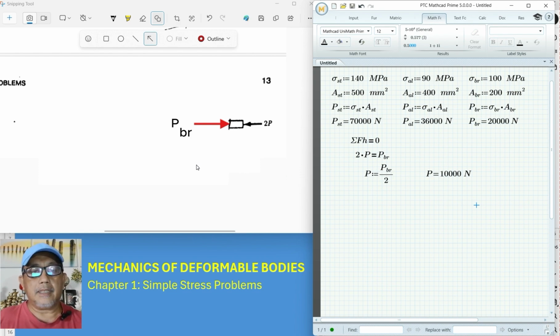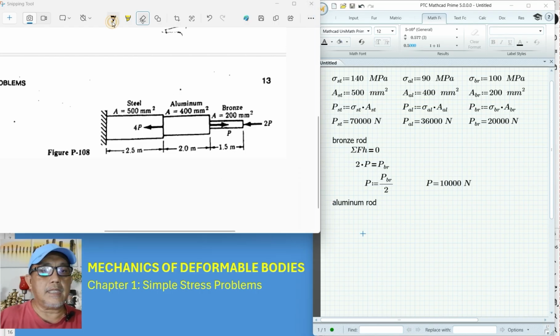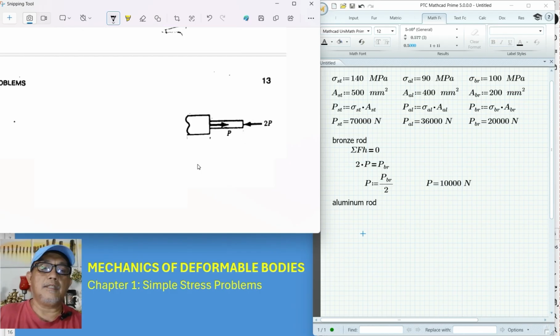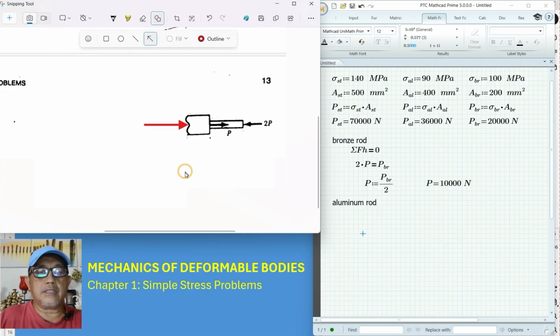So how about the other materials? By the way, this is for the bronze. Okay, let's do aluminum. Let's cut a section here from the aluminum and determine its internal force. Looking at the free body diagram, we have a force 2P to the left and another force P to the right, so there's a net force of P going to the left. That means the internal force for the aluminum should be going to the right, or compression. Let's call that P sub AL.